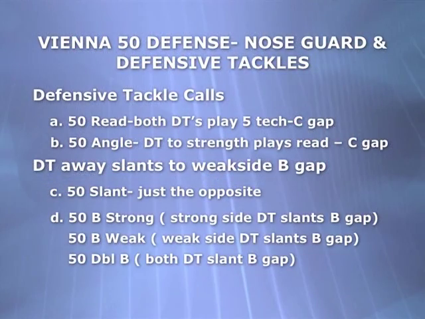As an example, in the huddle, if we say 50, B strong, they come out and the linebackers say left, left, left. Our left defensive tackle knows that he is the defensive tackle that is slanting to the B gap. The other defensive tackle would simply play his 5 technique C gap responsibility. Same thing holds true for 50B weak and for 50 double B.